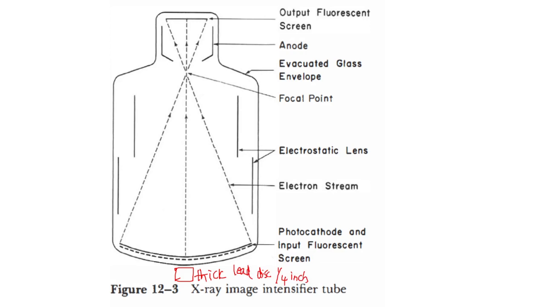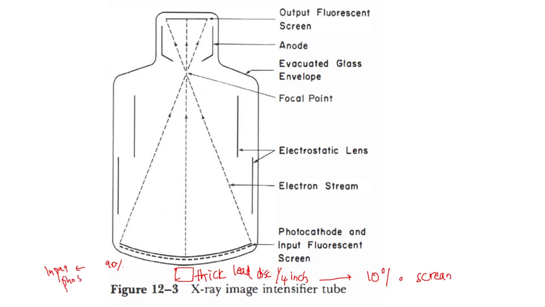The disc is placed at the center of the input screen in such a way that it covers 10% of the screen, whereas the rest, 90% of the screen, is covered by the input phosphor.